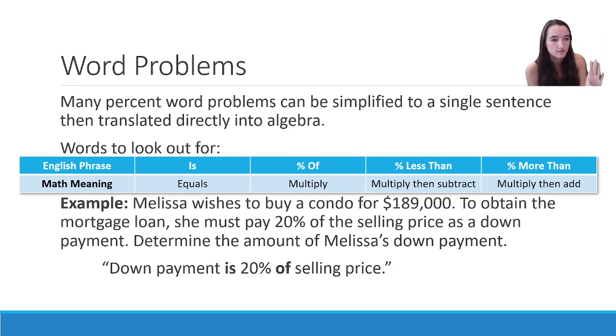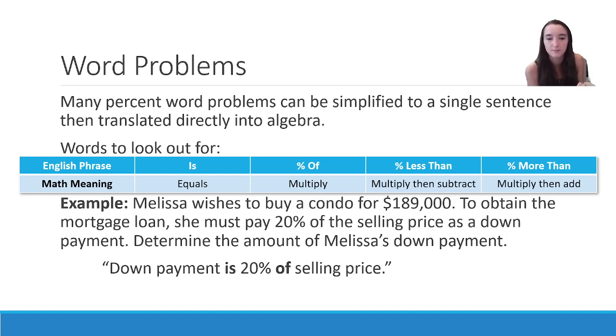Okay. Notice all these words. Is our equal sign. Of is our multiplication. 20% we're going to convert into a decimal. Down payment and selling price. One of those is our unknown, right? We want to know what our down payment is, so that's basically our X value. That's our unknown value. But the selling price, that's $189,000.